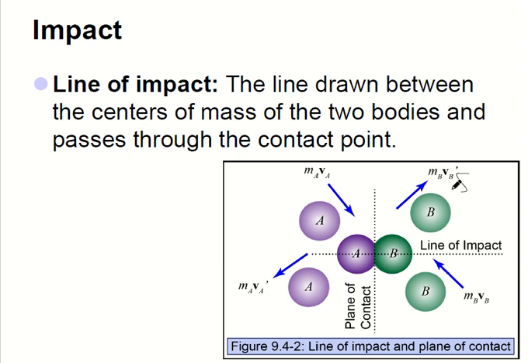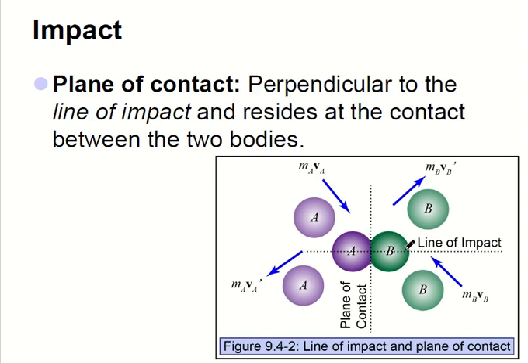This is final, and that's the final momentum. This is initial, and of course this is initial. So these two come in from opposite directions and hit, ball B will go that way, and ball A will go that way with new velocities. Here is the plane of contact.